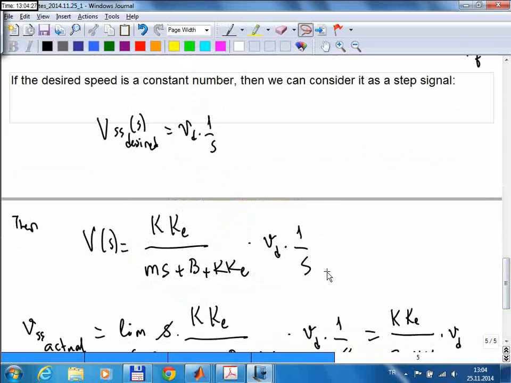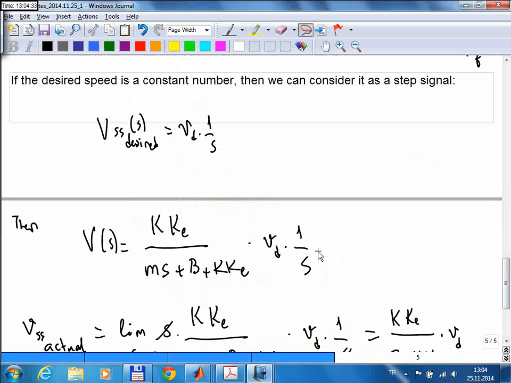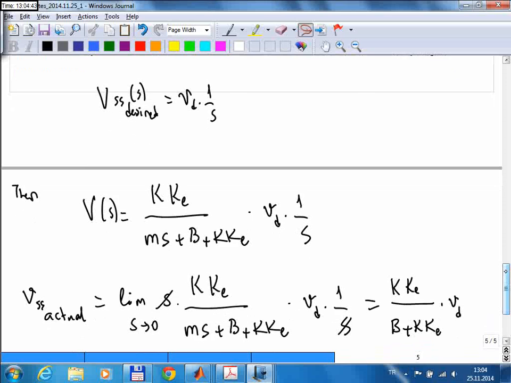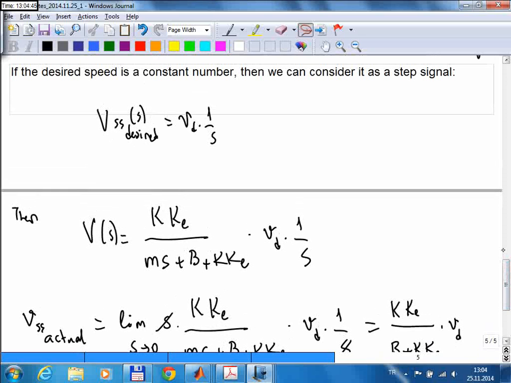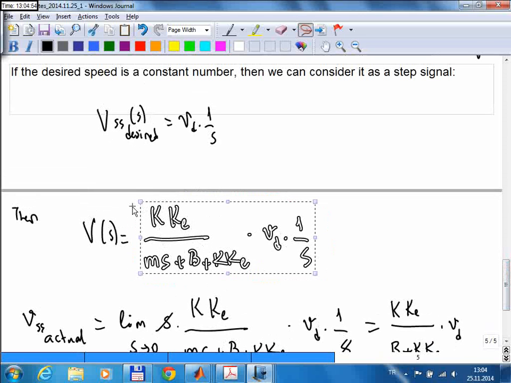At this point we can find the actual result by taking the inverse Laplace transform of this function, which is not difficult to do, right? For that we need to use partial fraction expansion, or instead, we can more quickly calculate the steady state value of the speed. To find the steady state value, we need to apply the final value theorem on this function. That's the easiest thing to do at this point.